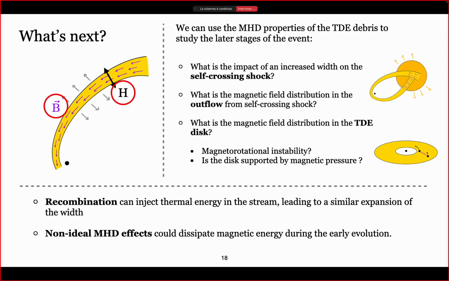This recombination process can inject additional energy into the stream, and this energy could be either radiated away, or it could lead to an effect similar to that caused by magnetic fields, causing an expansion of the stream. Another consequence of recombination is that the ideal MHD assumption won't hold anymore, and so non-ideal MHD effects also need to be considered. This is another project that I'm working on.